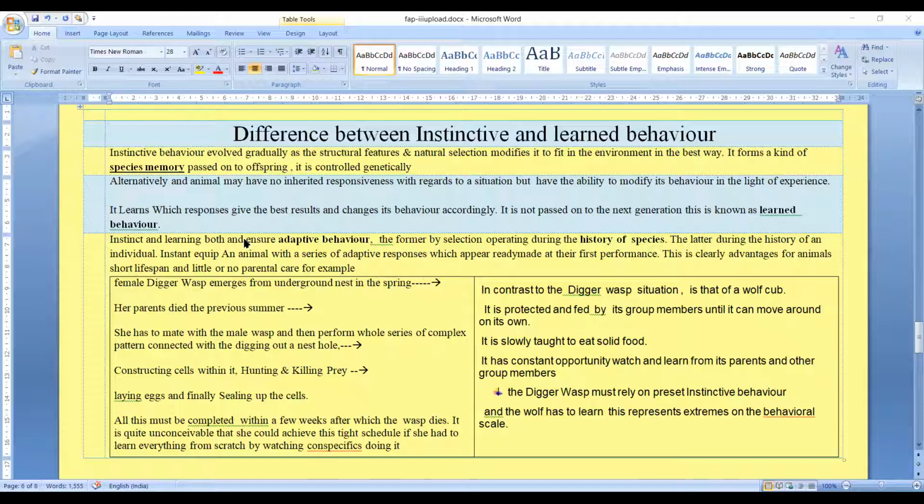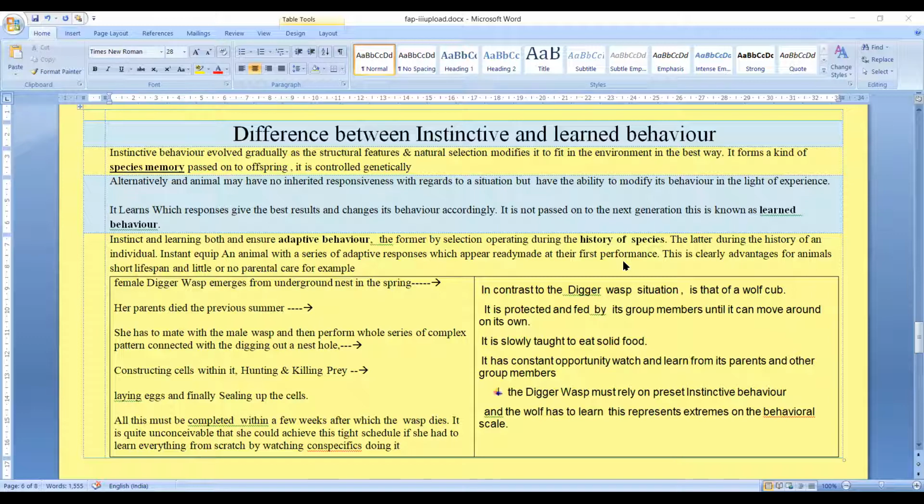Instinctive behavior equips an animal with a series of adaptive responses which appear ready-made at their first performance. This is clearly advantageous for animals which have a very short lifespan and those animals which have little or no parental care.